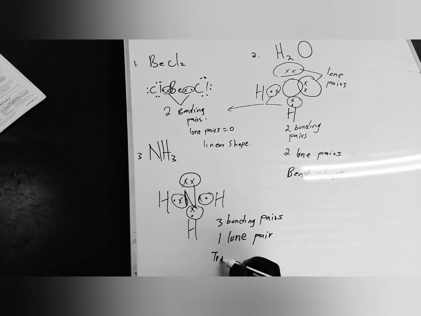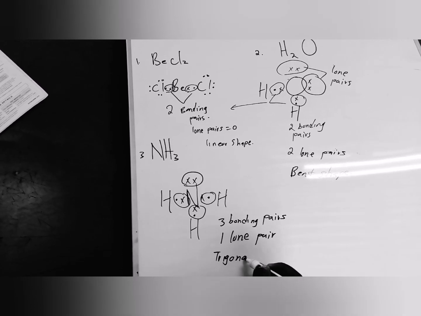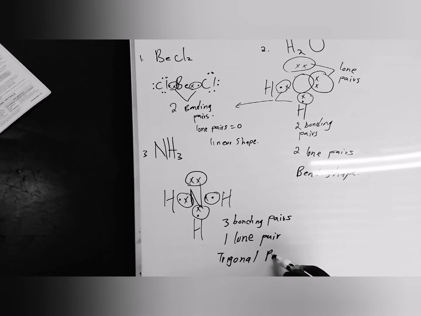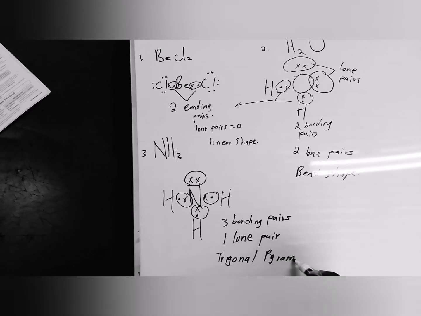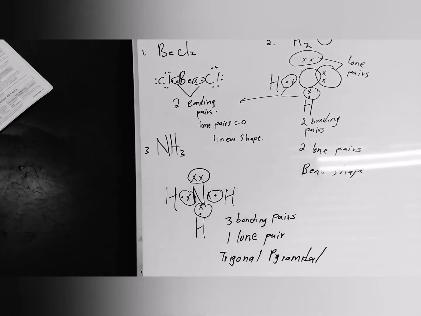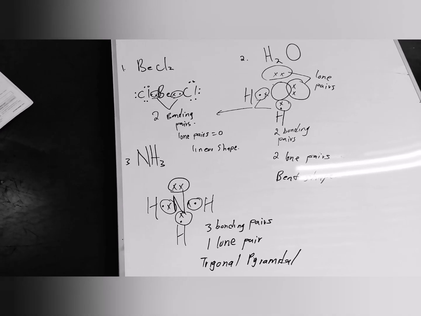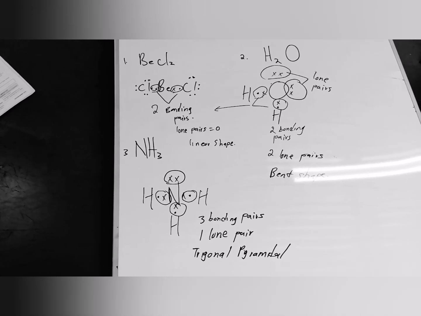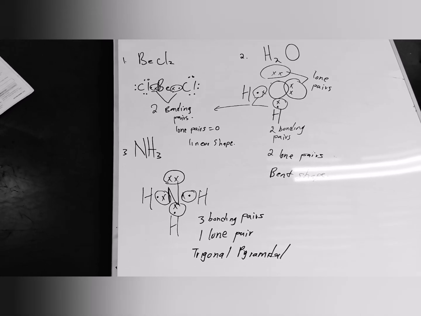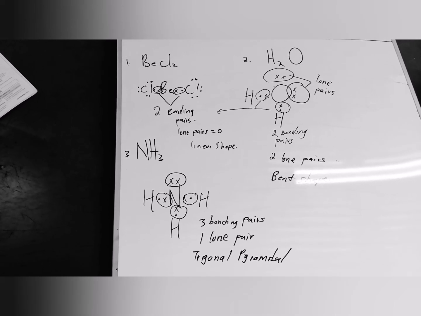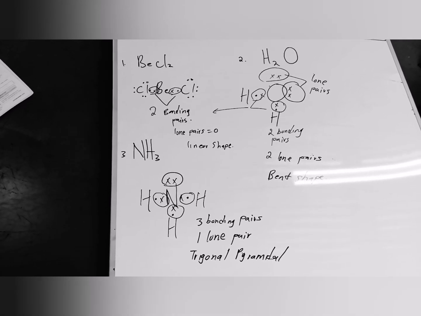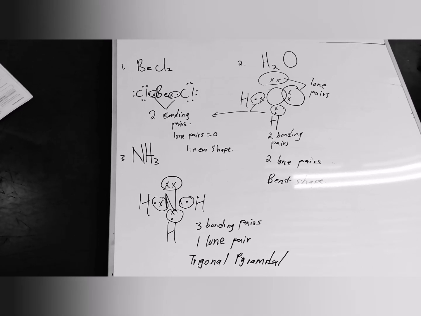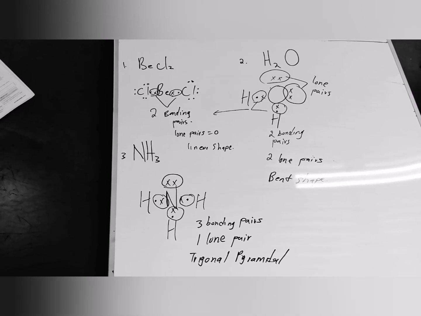It is known as trigonal pyramidal. That's the shape of ammonia, NH3. I hope you understand this. You can pause it and listen to it again. So that's very important for you to know how to determine the molecular shape. Make sure you understand those 2 tips and steps that I gave you before doing this.